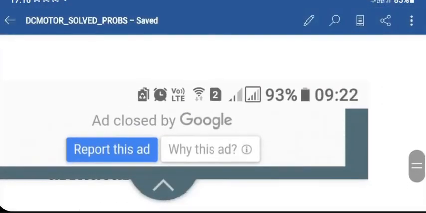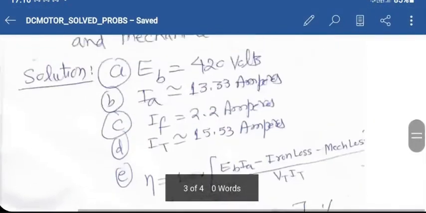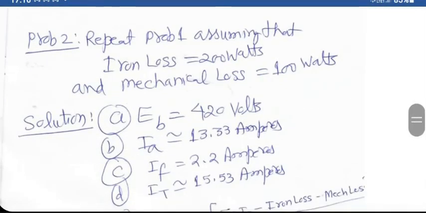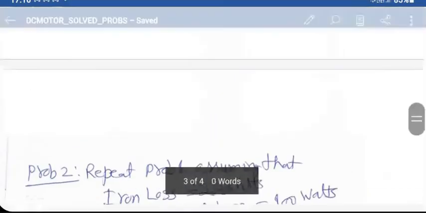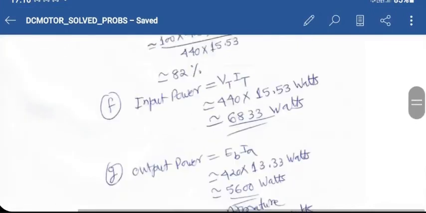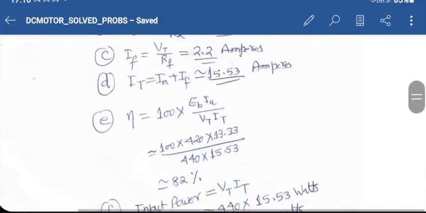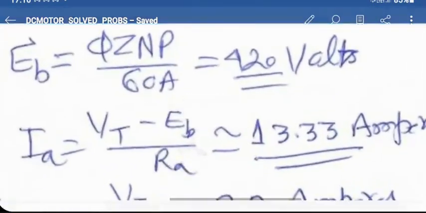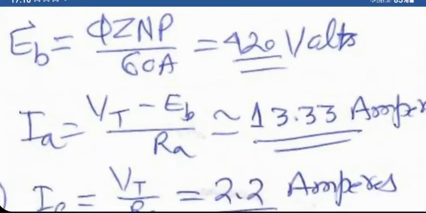One thing which I have not included in any of these problems is the brush loss. Supposing I have told you that brushes are dropping 1 volt per brush, then some change will have to be made here. IA will not be VT minus EB upon RA.